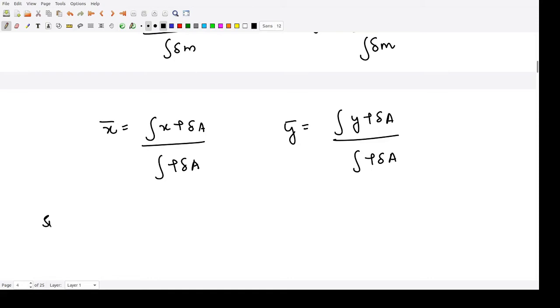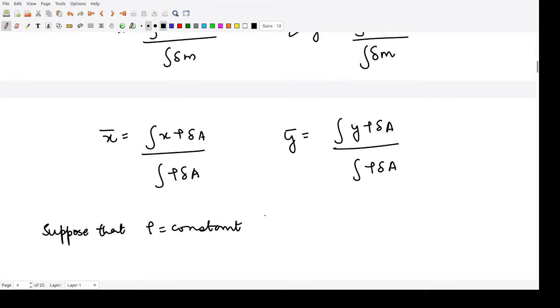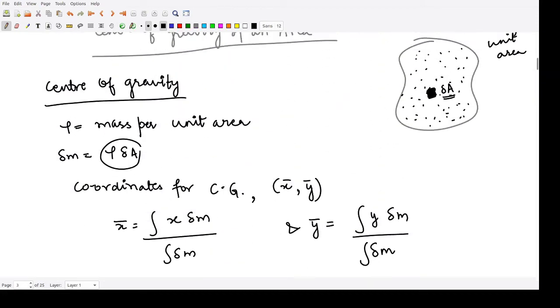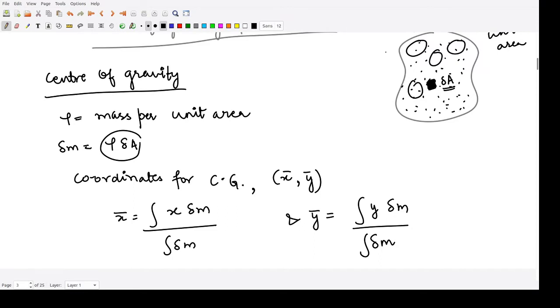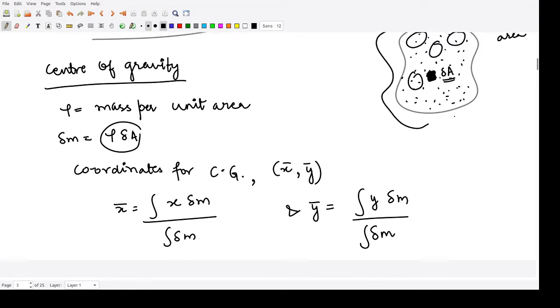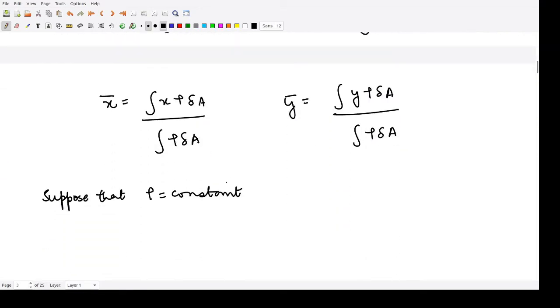Now suppose that rho is given to be constant. So that means this mass is not changing when you change the position. The mass over here would be same here, would be same here, would be same here. So it is remaining constant. So we say all through this particular region, the mass of the object is constant. So we say it has uniform area.